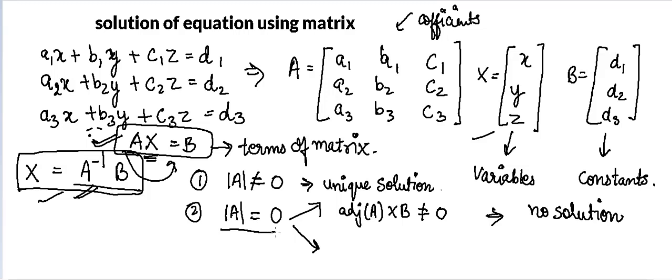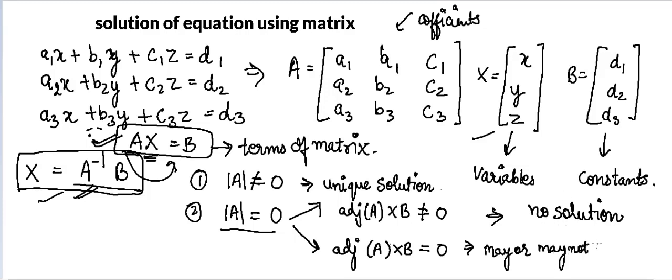If determinant is 0 and adjoint of A cross B is also equal to 0, both are 0, then solutions may be consistent or may not be consistent.